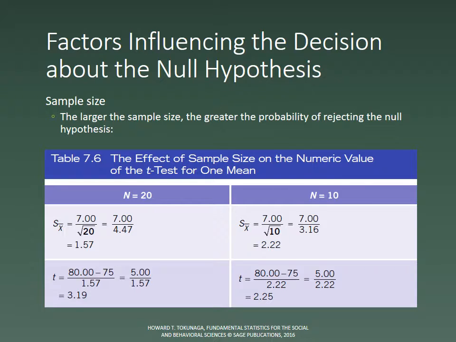Now if we have a sample of 10, we're going to have a t-score of 2.25. So this is a lower value that is our cutoff value for rejecting a sample's mean value. So really, the bigger our sample, the easier it is to reject the null hypothesis.